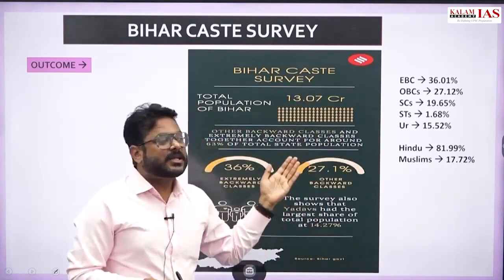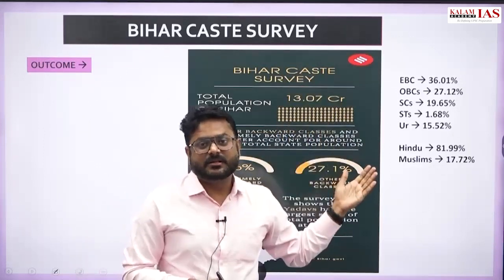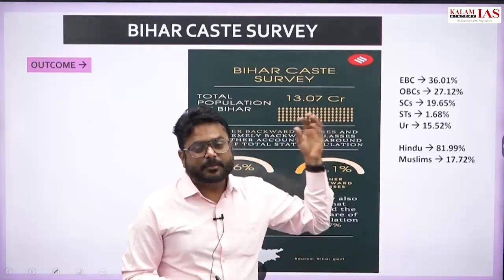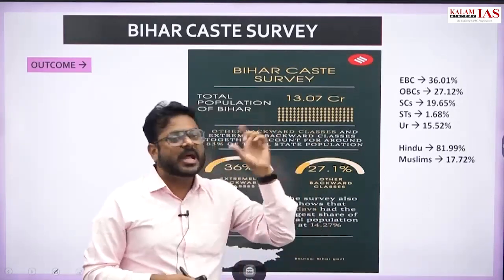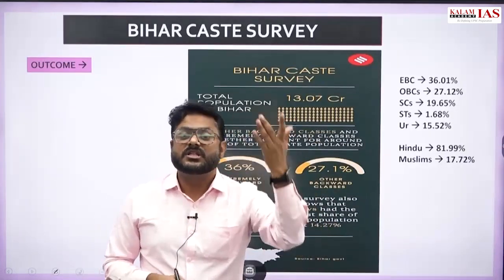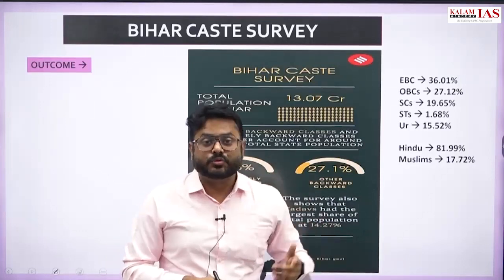Means the ratio is like this. Extremely backward classes are 36%. Other backward classes are 27%. So if you just combine these two classes, they constitute 63%. That is huge.